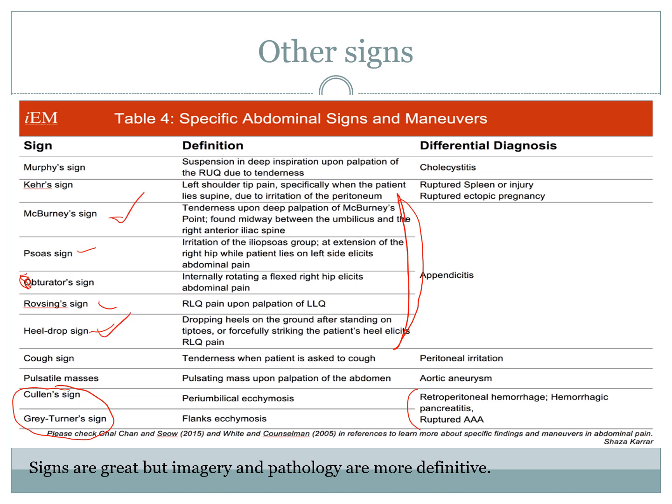Nyan sign, which is denoted as Murphy's sign, is quite a sensitive test for cholecystitis, and Kehr sign is quite a scary sign. It's got to do with left shoulder tip pain, got to do with irritation of the diaphragm associated with ruptured spleen or a ruptured ectopic pregnancy. So it's not a bad one to look into as well.